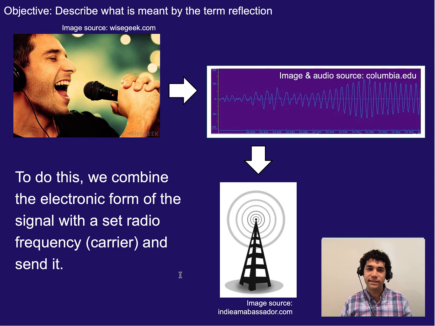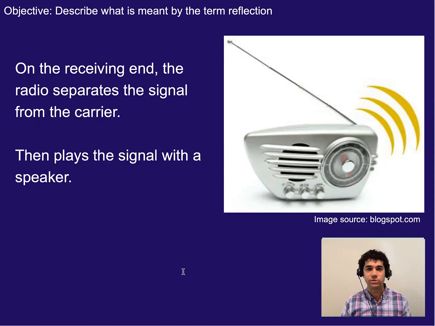But we get the idea that you can add on your signal to the set frequency or carrier frequency from the radio station, and then later on you can actually subtract it back out. So on the receiving end, the radio receiver hears that combined wave and then subtracts out the carrier wave and then just plays out your music. Now, it's a lot more technological than that, but that's the basic process of it.